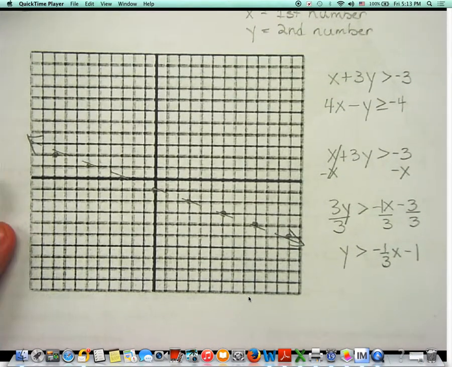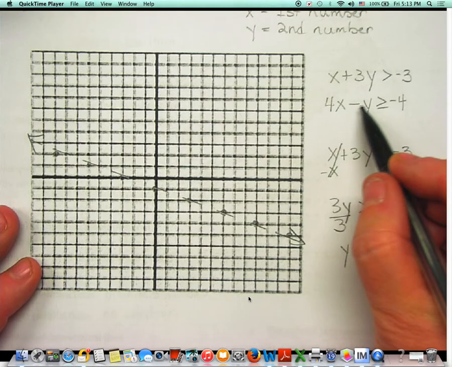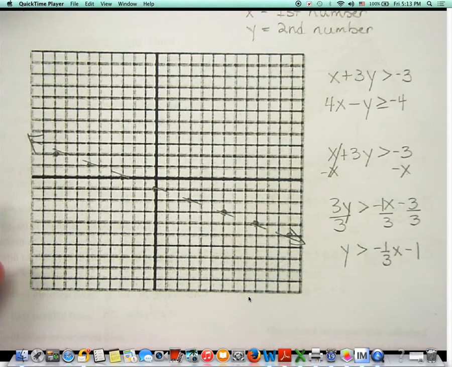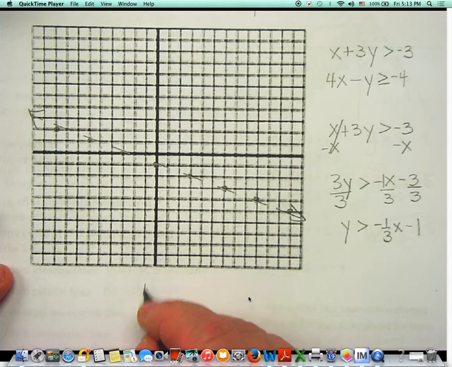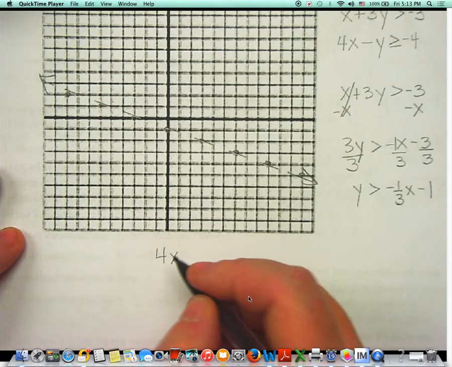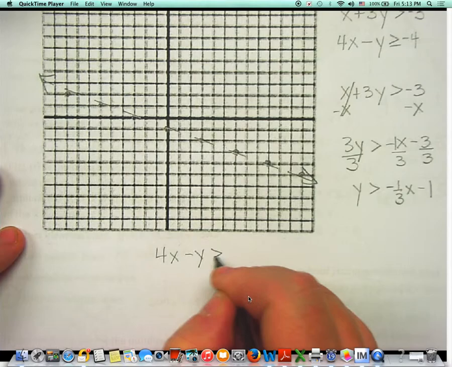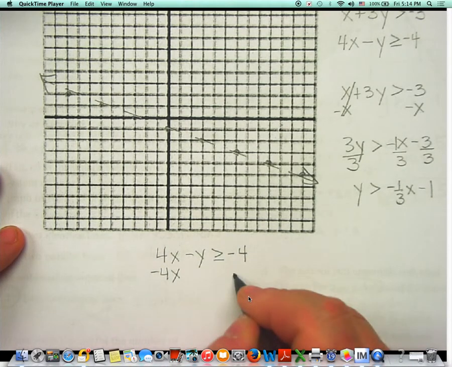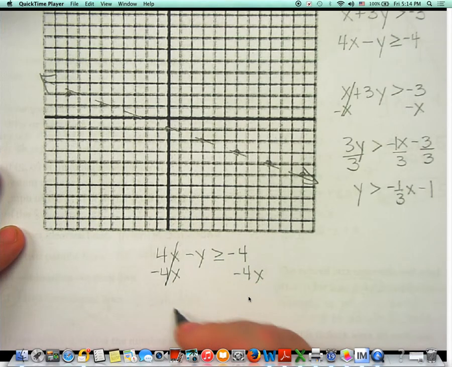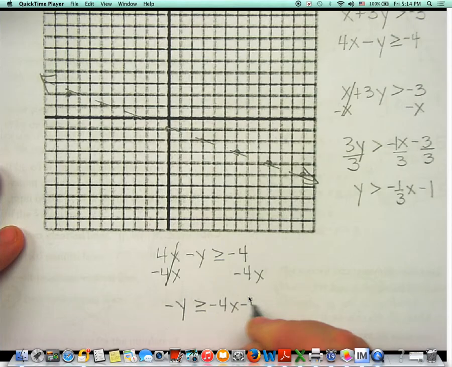Okay, and then I'm going to get the 4x minus y is greater than or equal to negative 4. I'm going to solve for y in that one and graph it. So 4x minus y is greater than or equal to negative 4. I'm going to subtract 4x from both sides. So negative y is greater than or equal to negative 4x minus 4.